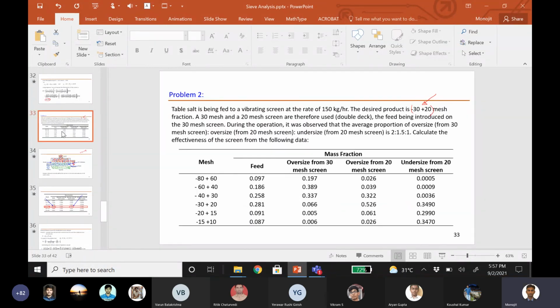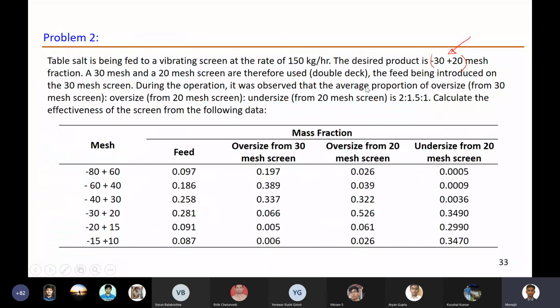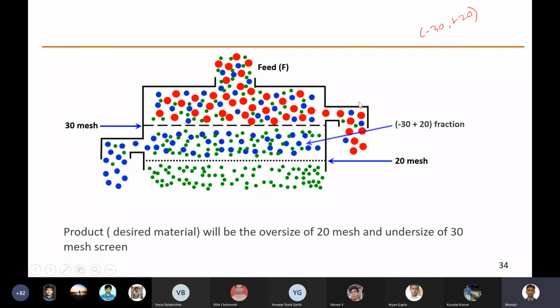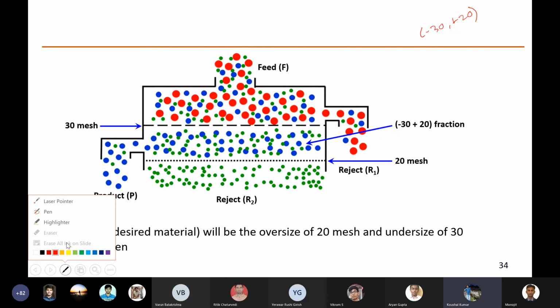Because there is another piece of information given, the ratio of these three things. The proportion of oversize of the 30 mesh screen, oversize of the 20 mesh screen, and undersize of the 20 mesh screen. By this naming convention, the oversize of the 30 mesh screen is R1, the oversize of the 20 mesh screen is P, and the undersize of the 20 mesh screen is R2.